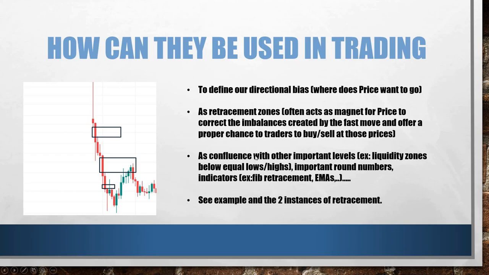So they also act as confluence because they are such important points on the chart that you can combine them with other important concepts like liquidity zones, below equal lows or equal highs, below round numbers or over round numbers, and you can combine them with indicators as well, like a retracement over 50%, over 61.8%, or with your EMAs as well. If you're someone who uses EMA, you could combine EMA crossovers with fair value gaps as well.